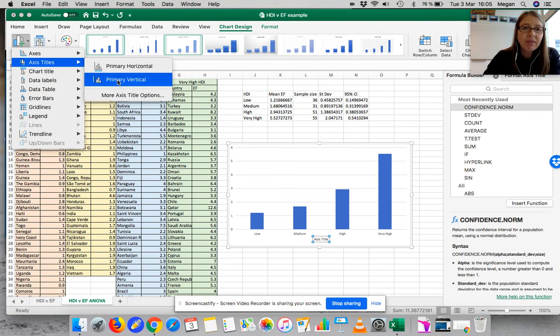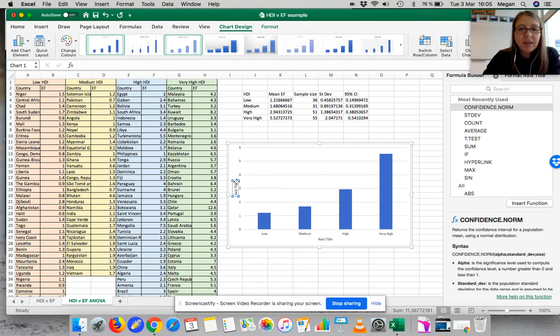I want my vertical. Okay, here's my vertical. Put that in there. And this is my per capita ecological footprint. Okay, and that's in hectares, so I should probably put the units there too. All right, so we've got low, medium, high, and very high, and that seems to make sense with what we have for our data here.